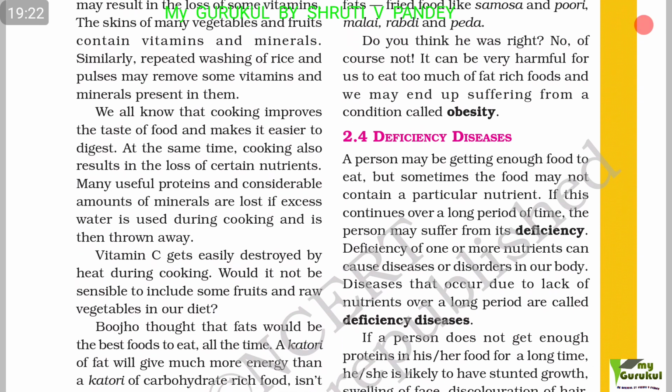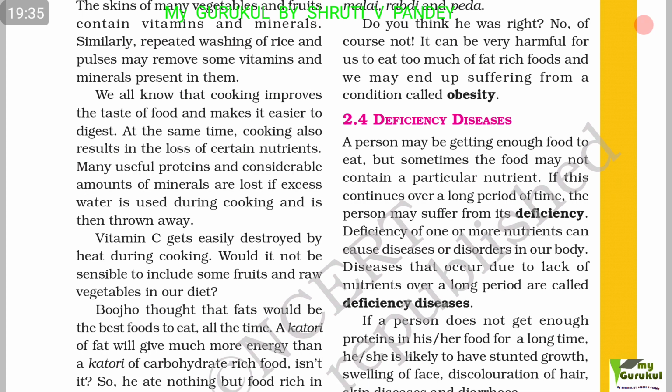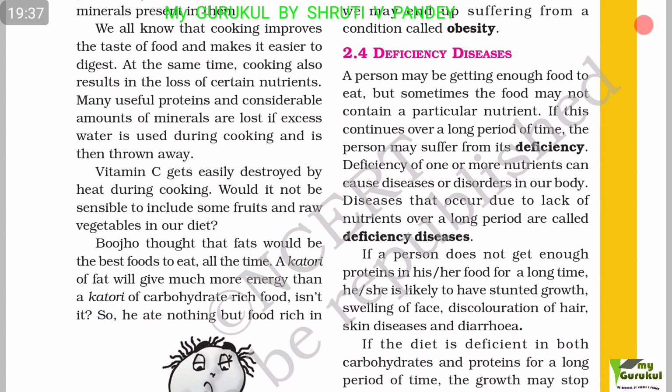Do you think he was right? No, of course not. It can be very harmful for us to eat too much of fat rich food and we may end up suffering from a condition called obesity.